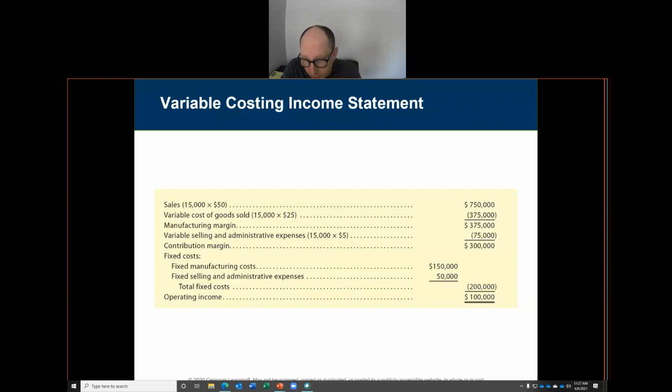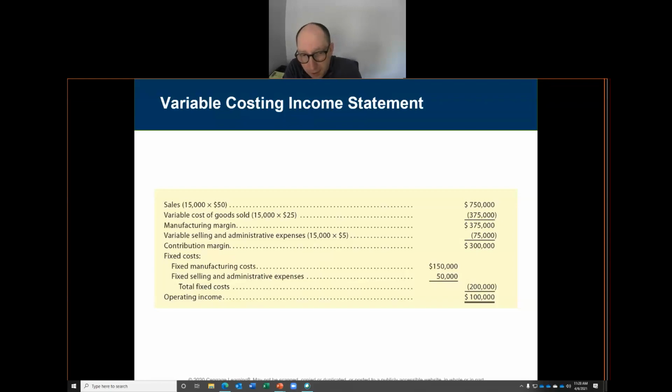And then we have fixed costs. So we have a contribution margin, then you take out your fixed costs. Fixed manufacturing costs $150,000. Fixed selling administrative expenses $50,000. That's a total of $200,000 total fixed costs. Contribution margin $300,000 minus total fixed cost $200,000 equals operating income of $100,000.